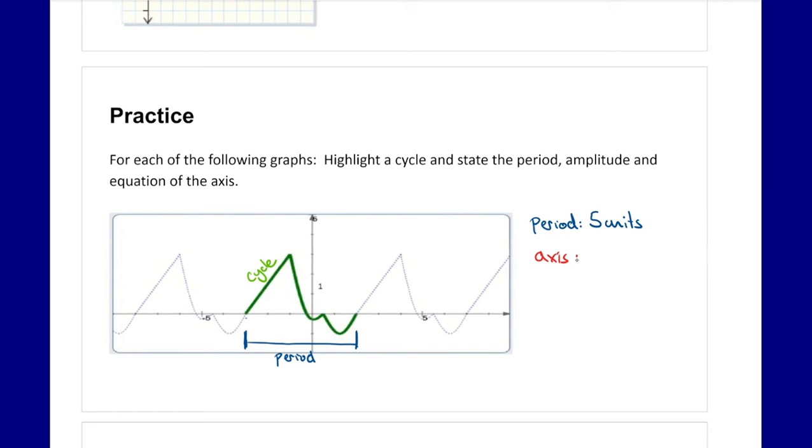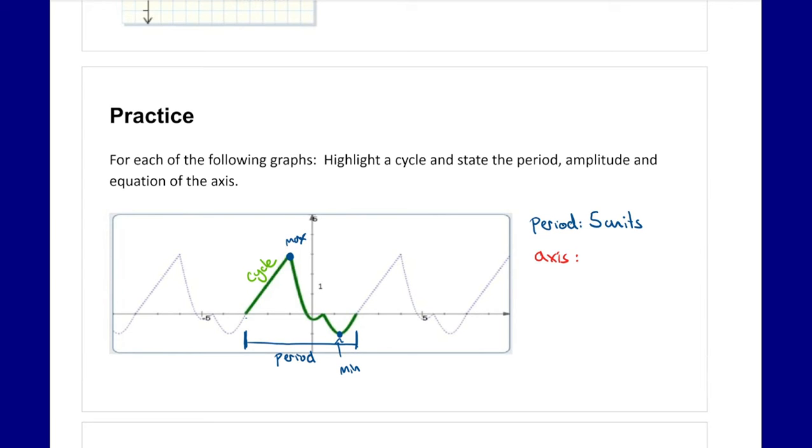So for the axis, it's the max value. Actually, I'm going to use blue for the max because that's not isolated for the axis. So we have our max value here. We have our min value here. Let me do it off to the side. Our min value there.